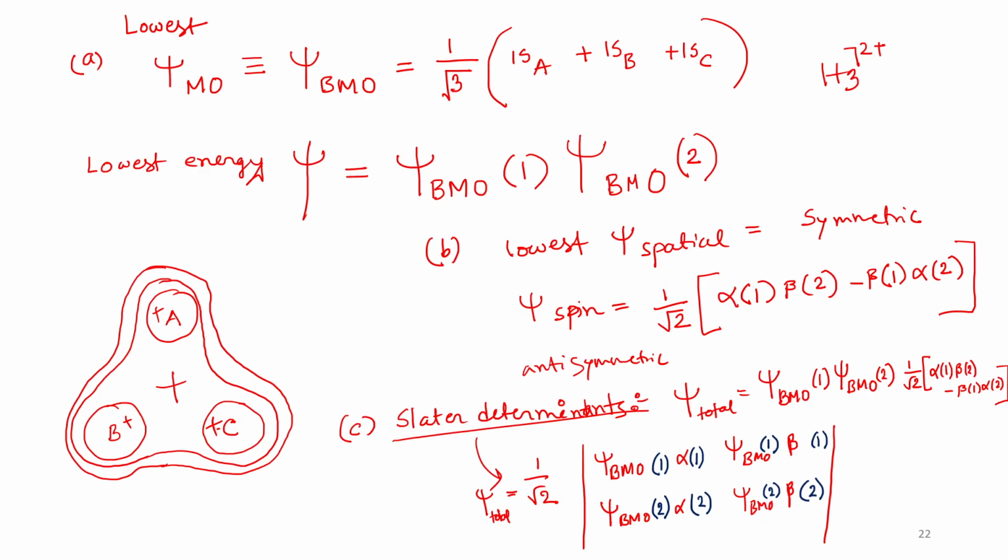Sorry, I made a mistake: the spin orbitals are the same along the column and the electrons the same along the rows. I hope you can see, and if you expand this psi total here, you are going to get this.